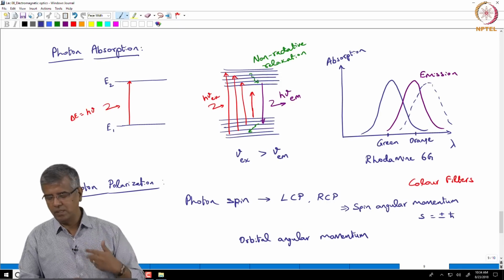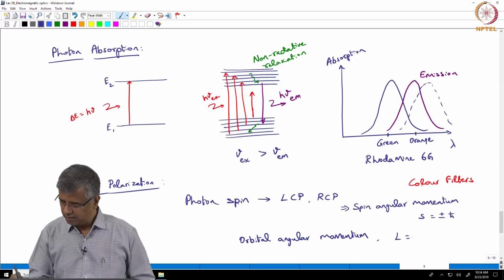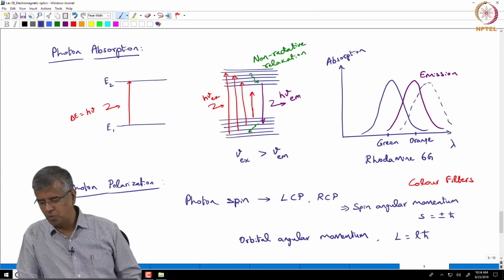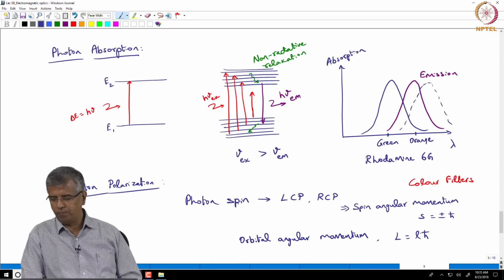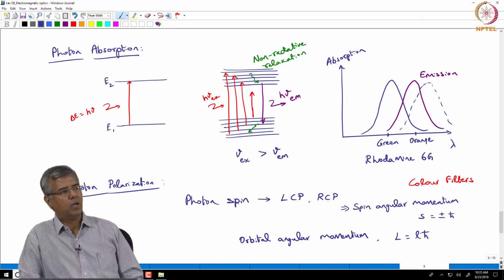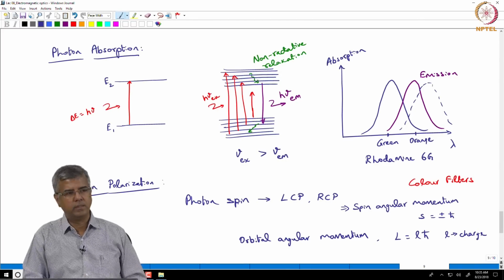So, these photons which have orbital angular momentum can actually carry a momentum which is quantified as L times h-bar, okay, where L corresponds to charge.